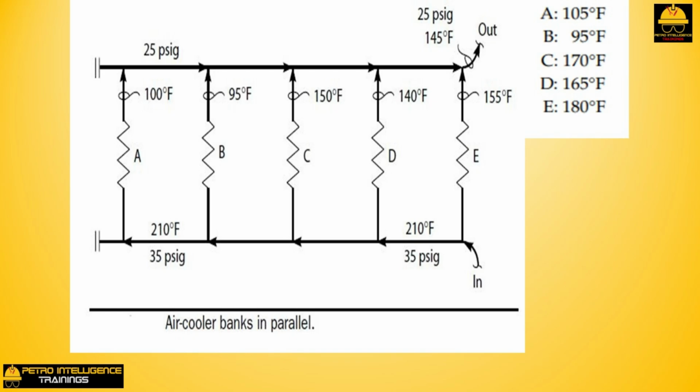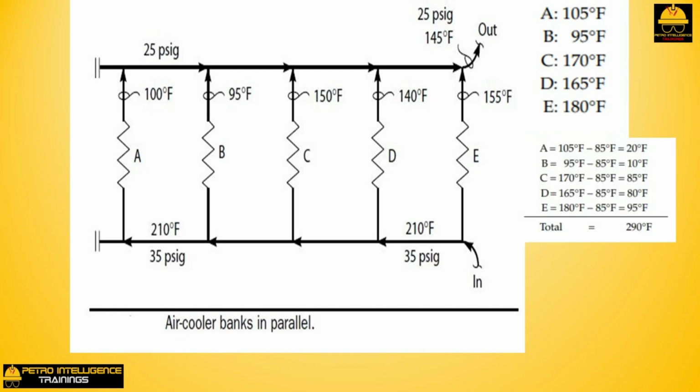The individual temperature rises for each air cooler would then be: A equals 105 degrees Fahrenheit minus 85 degrees Fahrenheit equals 20 degrees Fahrenheit. B equals 95 degrees Fahrenheit minus 85 degrees Fahrenheit equals 10 degrees Fahrenheit. C equals 170 degrees Fahrenheit minus 85 degrees Fahrenheit equals 85 degrees Fahrenheit.